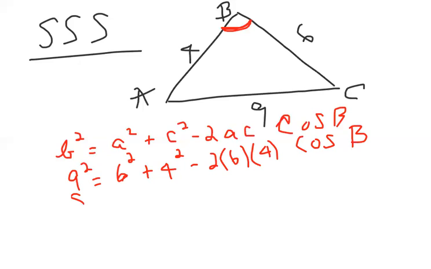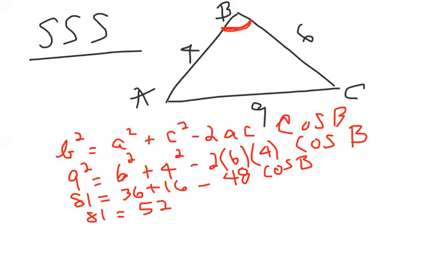So we got 81 is equal to 36 plus 16 minus 2 times 6, which is 12. 12 times 4, that's going to give us 48 cosine B. And then you add these two together, so that's 81 is equal to 52 minus 48 cosine B.